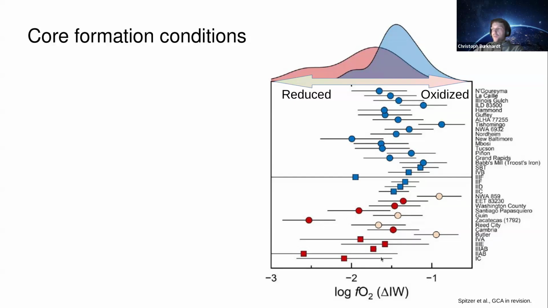There's a lot of overlap between NC and CC bodies, but overall, the CC bodies tend to be somewhat more oxidized than the NC bodies, which might indicate that they accreted more water ice in their initial parent bodies.